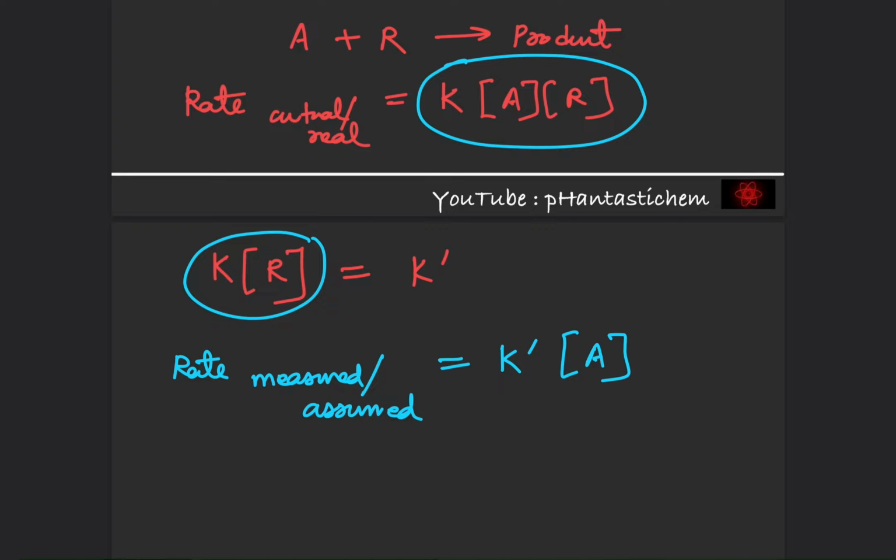So what we did is, when you have to find the actual or the real rate, we take concentration of R and concentration of A. But when we have to find the measured or the assumed rate, we assume that k is obviously a constant, and also R, since it is present in a huge excess, is not changing. So we assume that k into R is a constant, which is k dash. So therefore this is the rate measured or assumed. Okay.